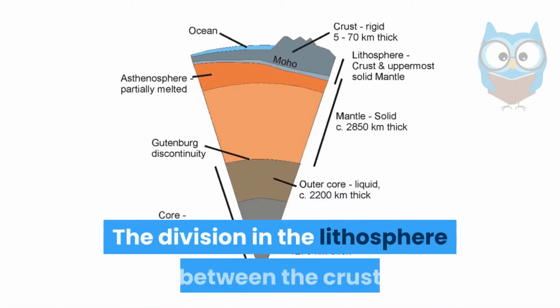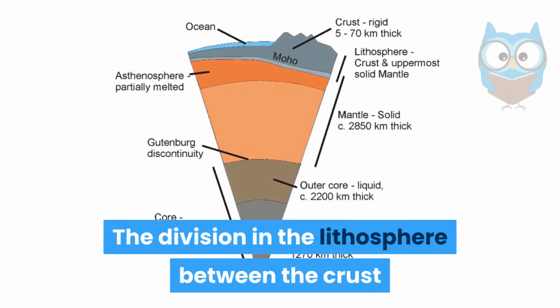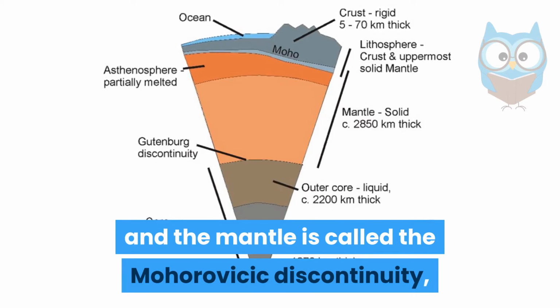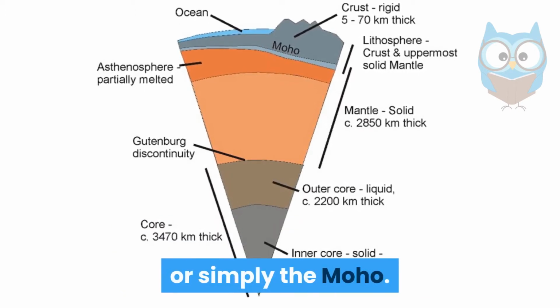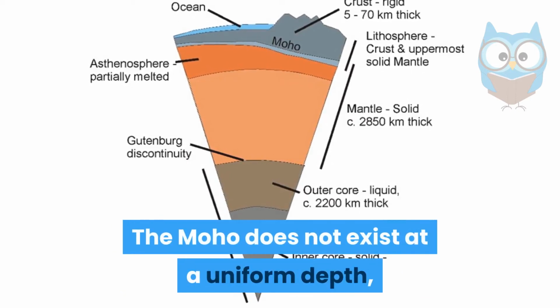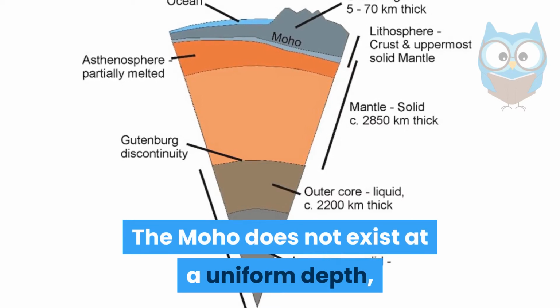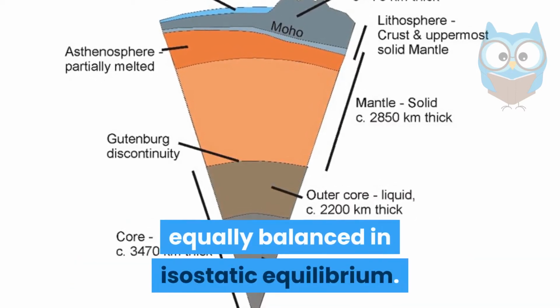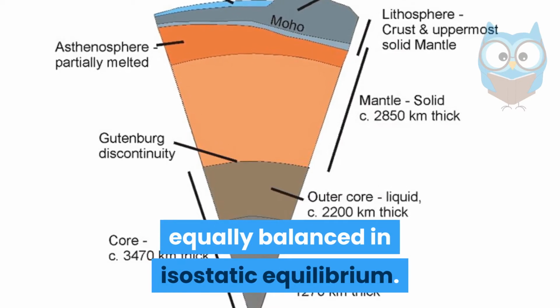The division in the lithosphere between the crust and the mantle is called the Mohorovičić discontinuity, or simply the MOHO. The MOHO does not exist at a uniform depth, because not all regions of Earth are equally balanced in isostatic equilibrium.